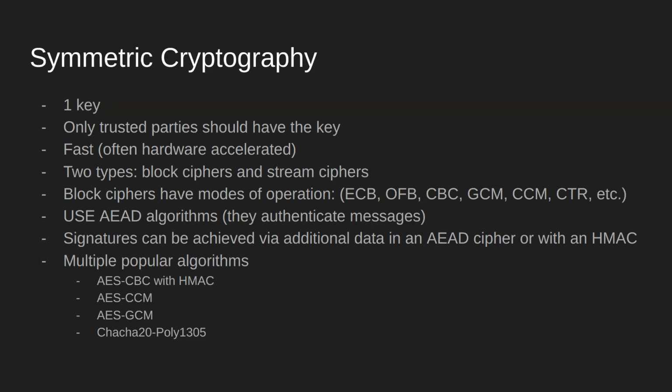You can also do signatures with symmetric crypto, but you can't have a signature that anyone can validate. You either use an HMAC or use an AEAD cipher. And then there are several algorithms that come up in TLS: AES in CBC mode with an HMAC, AES CCM mode, and then AES GCM.